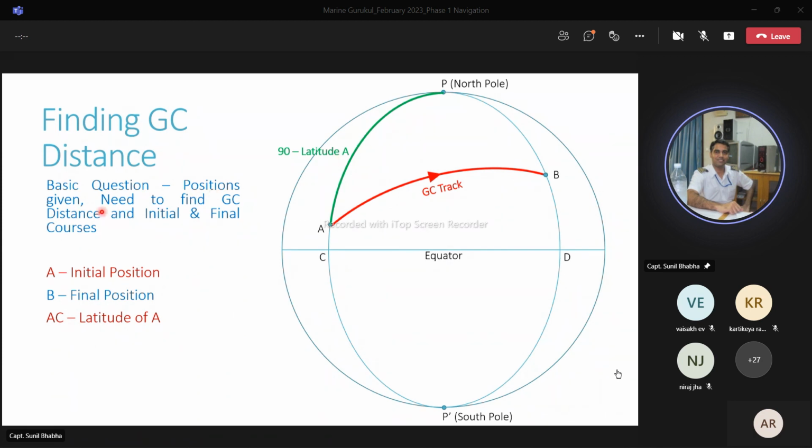So in this question, the latitude and longitude of both the positions are given to us.